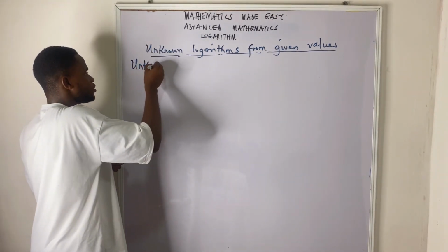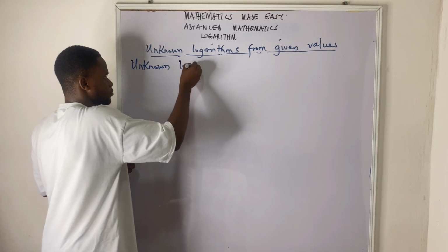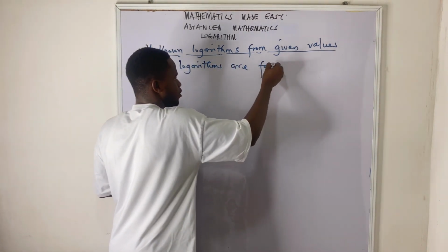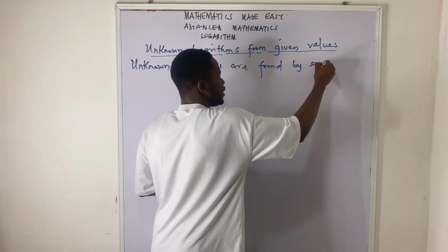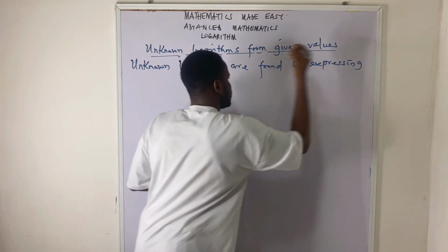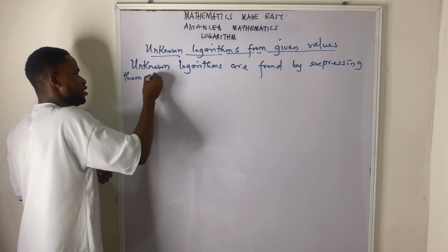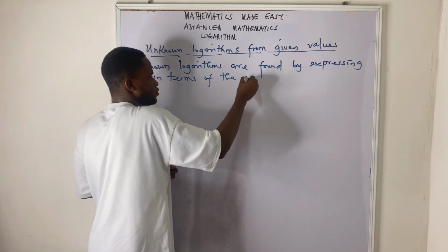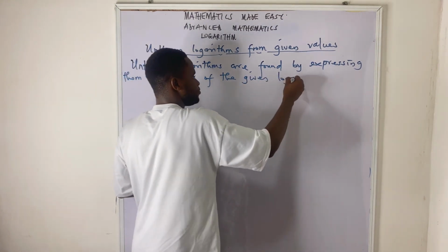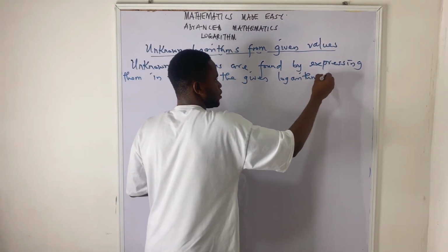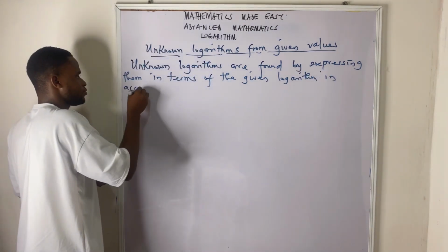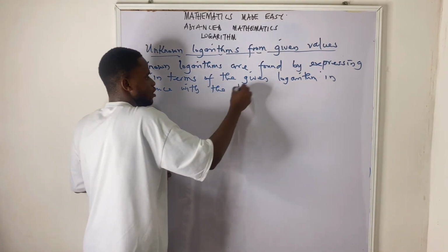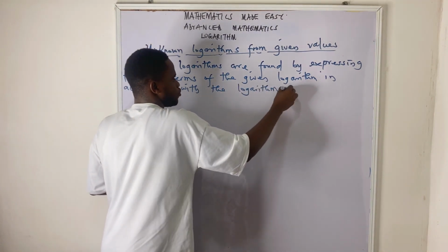Unknown logarithms are found by expressing them in terms of the given logarithm in accordance with the logarithm rules.